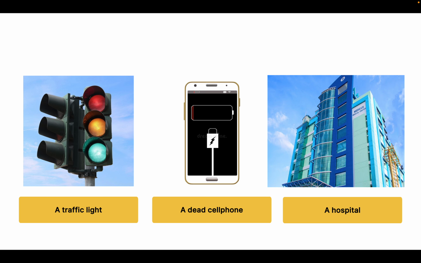Imagine waking up tomorrow and suddenly there's no electricity. The lights won't turn on. Your battery is dead. Hospitals lose power. Traffic lights stop working. Even your refrigerator can't keep your food cold. Think about it.